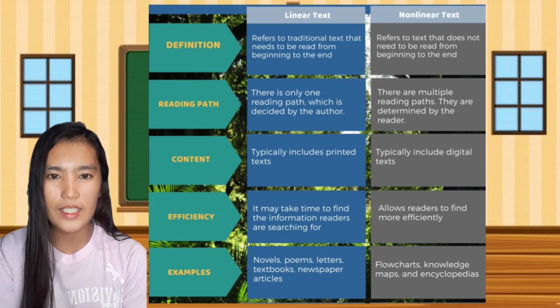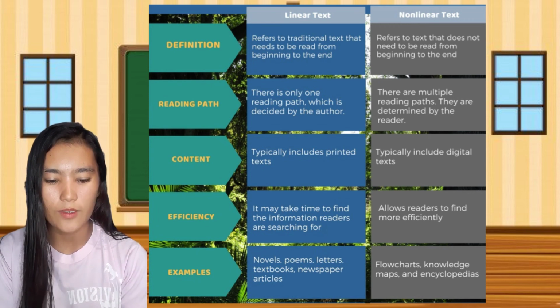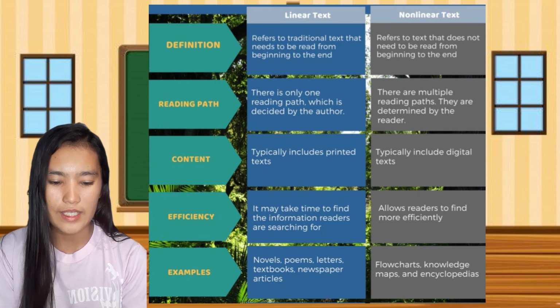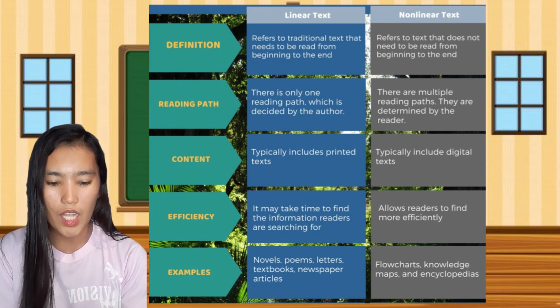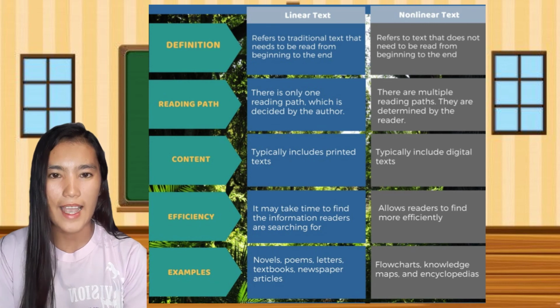Non-linear text allows the readers to find it more efficiently. Examples in linear text are novels, poems, letters, textbooks, and newspaper articles, while in non-linear text, flowcharts, knowledge maps, and encyclopedias.